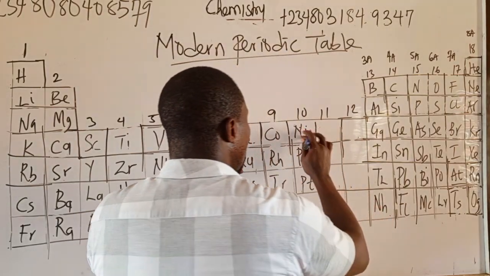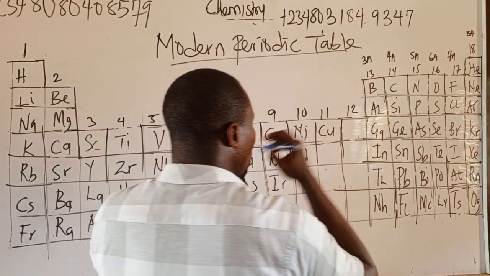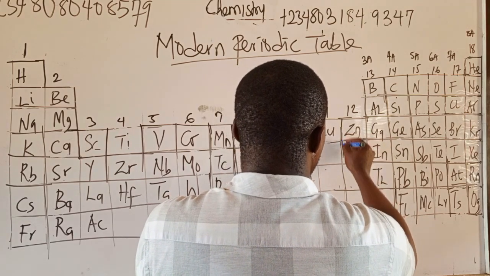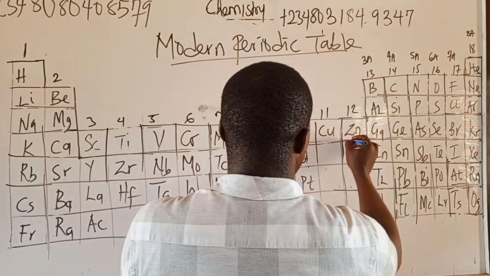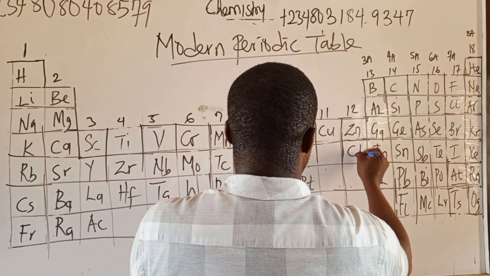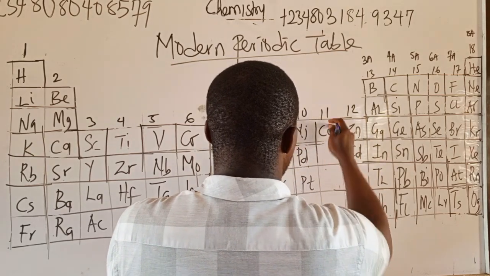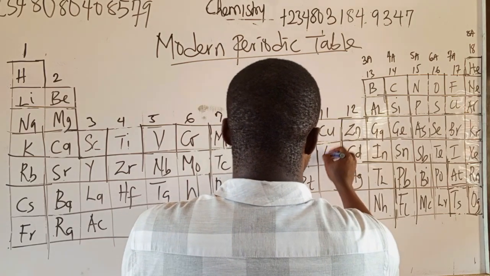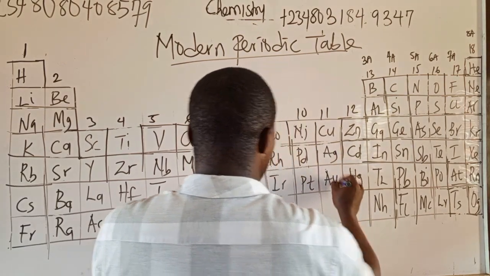We have copper, zinc. Under zinc we have cadmium and mercury. Under copper, we have silver and gold. Let us stop it.